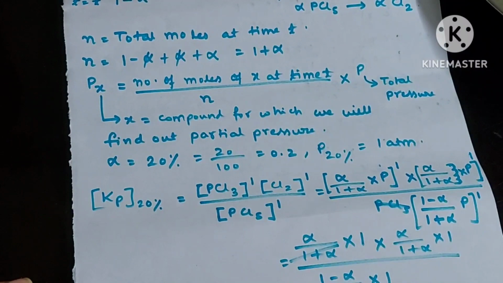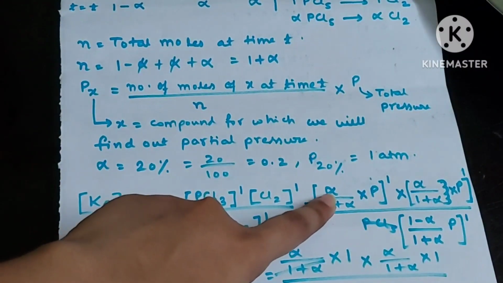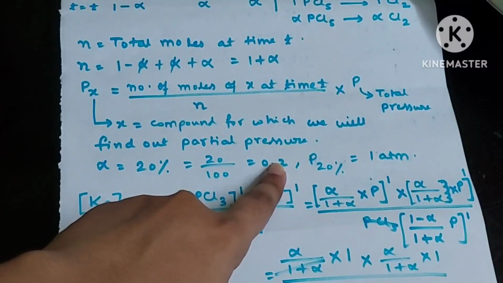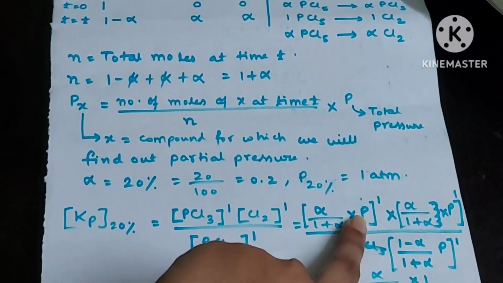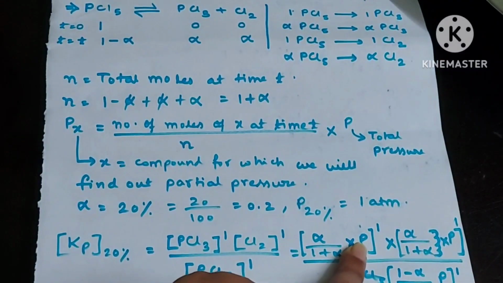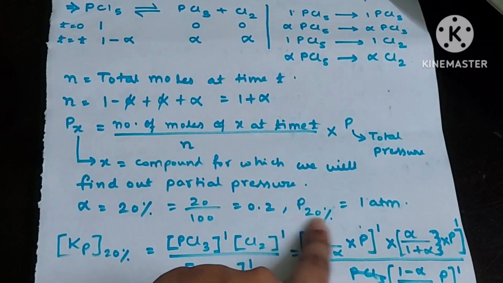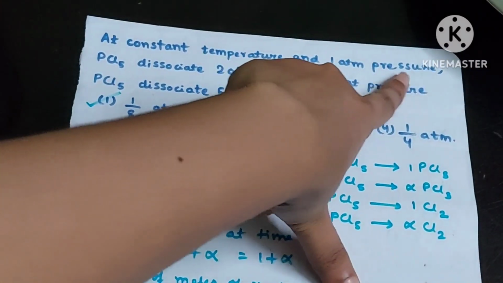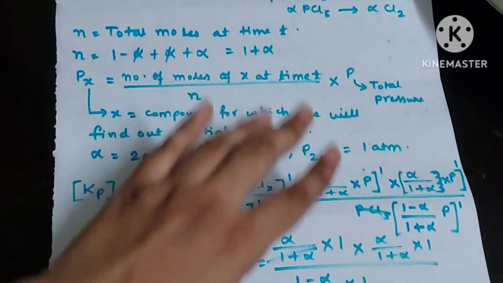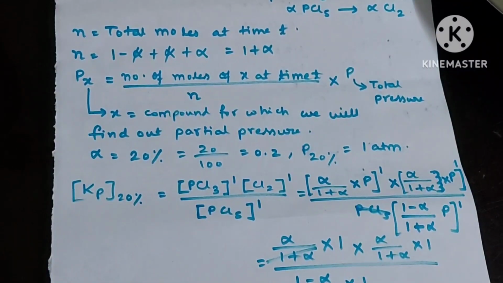Then just put the values. In place of alpha we have to put 0.2 in all the alphas, and in place of P we will put 1, because when PCl5 dissociated 20%, the pressure was 1 atm as mentioned in the question. So we will put the values and we will get this.